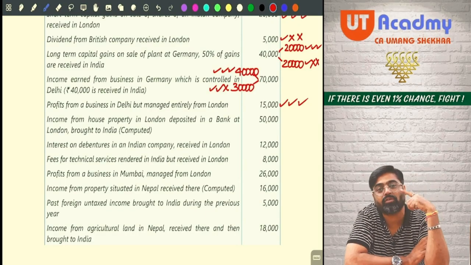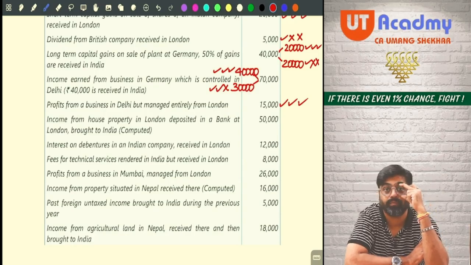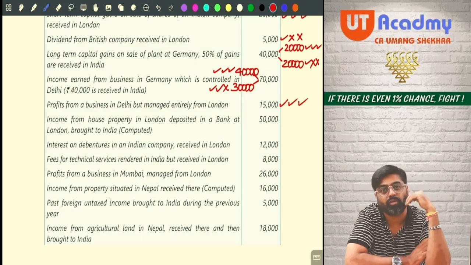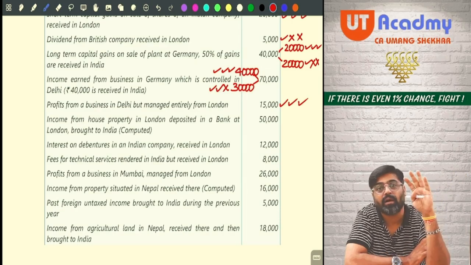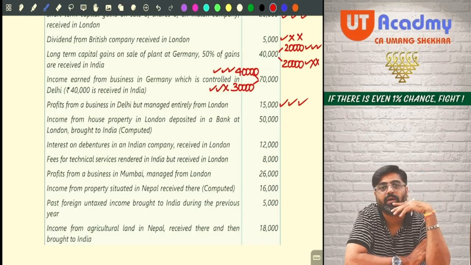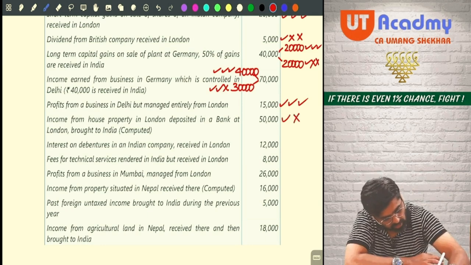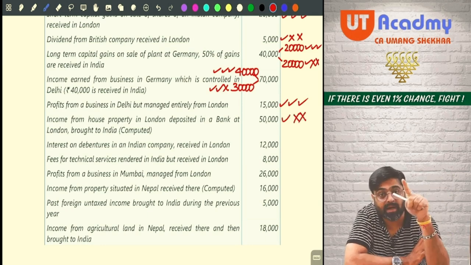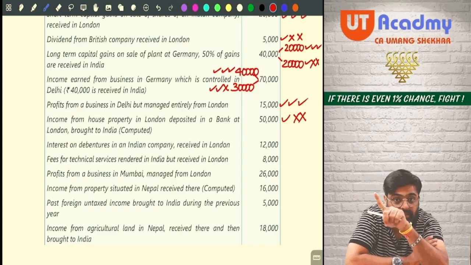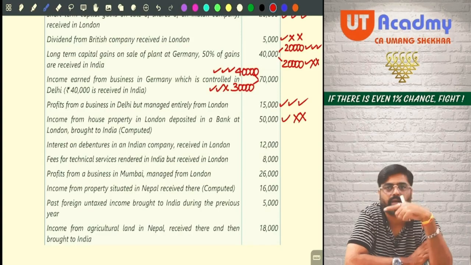There also the property was in London. The rent was deposited in London. So rent received outside India, rent accrued outside India. Which income? Foreign income, part B. Tick, cross, cross. So we are supposed to apply tick, cross, cross only. But there they had used the word rent. Please check.